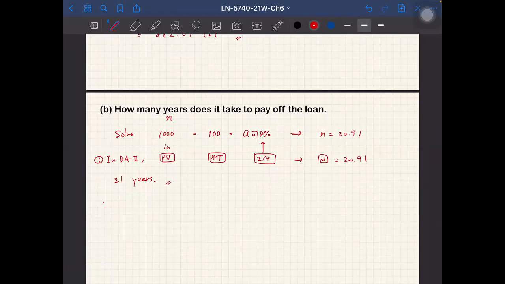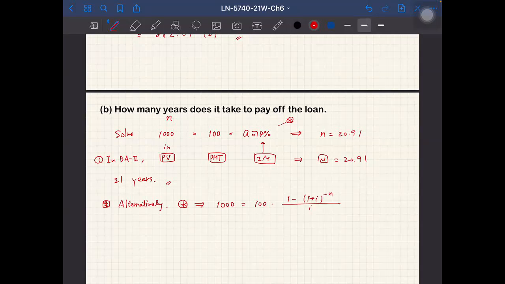And if we don't have a calculator, we can still calculate this. If we don't have a calculator, we can just solve the equation: 1,000 is equal to 100 times a angle n, so (1 minus (1 plus i) to the power negative n) over i.